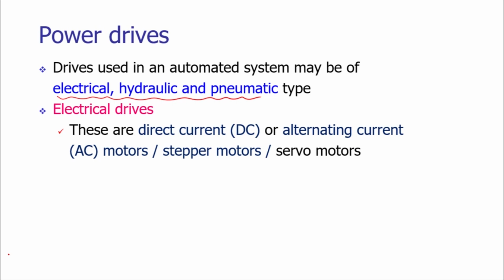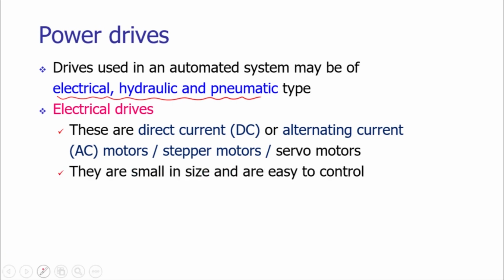We will be learning about the principle of operation, constructional details, and the application of the electrical drives in our next lectures. The main advantage of electrical drives is that they are small in size, and they are providing us ease in controlling their operations.